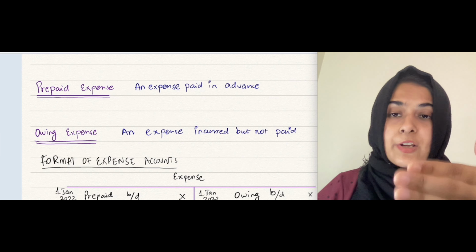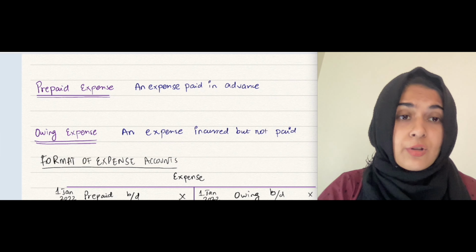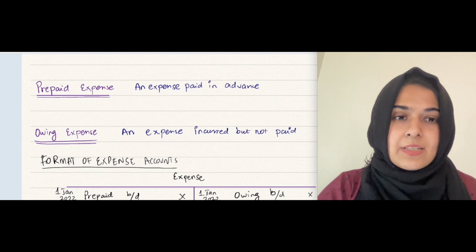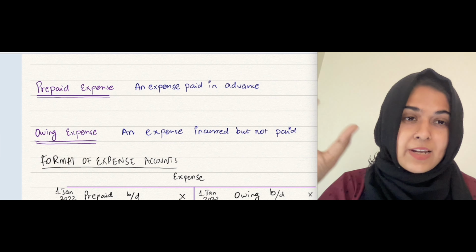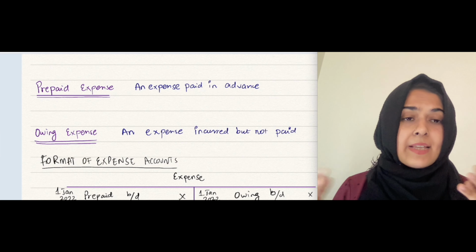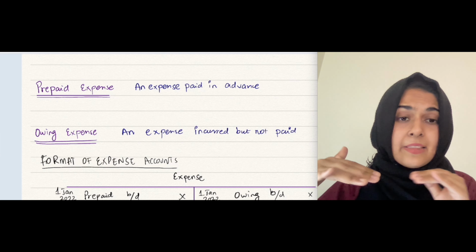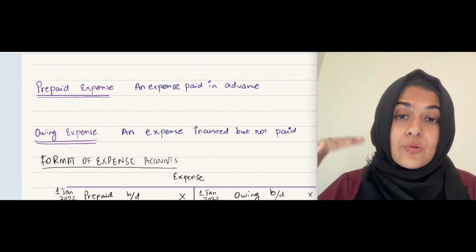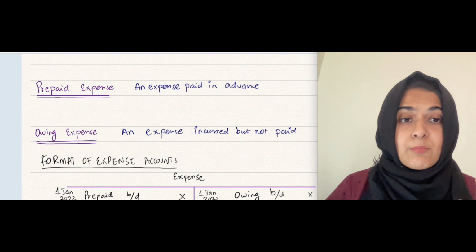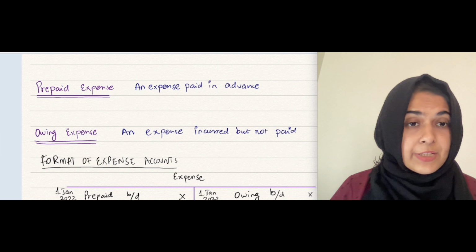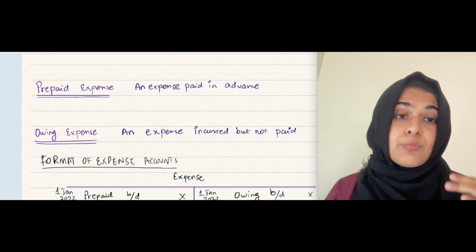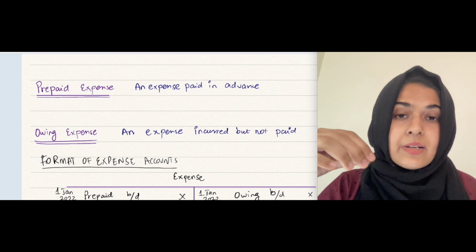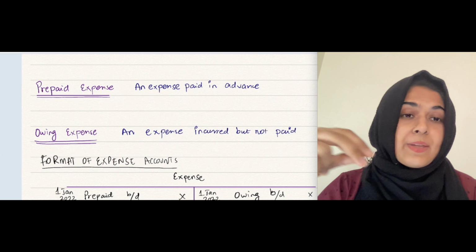Okay, so moving on, we have this very important concept called prepaid expense. So prepaid expense, an expense paid in advance, is a small phrase to describe a prepaid expense. What prepaid expense actually is, so in this accounting period, I pay for the next accounting period. So this accounting period, let's say it's from January 2022 to December 2022, and I pay for 2 months extra of 2023. So let's say the rent for the whole year is 12,000 and I pay 14,000.